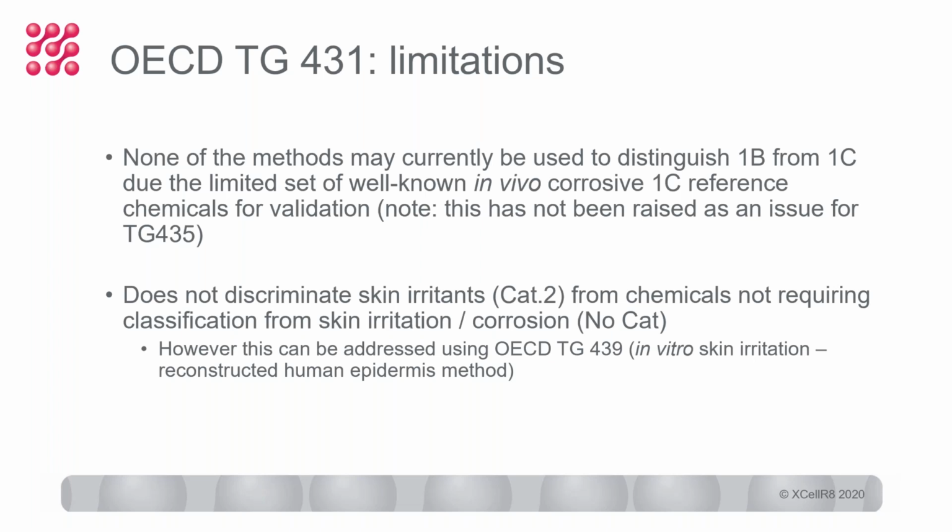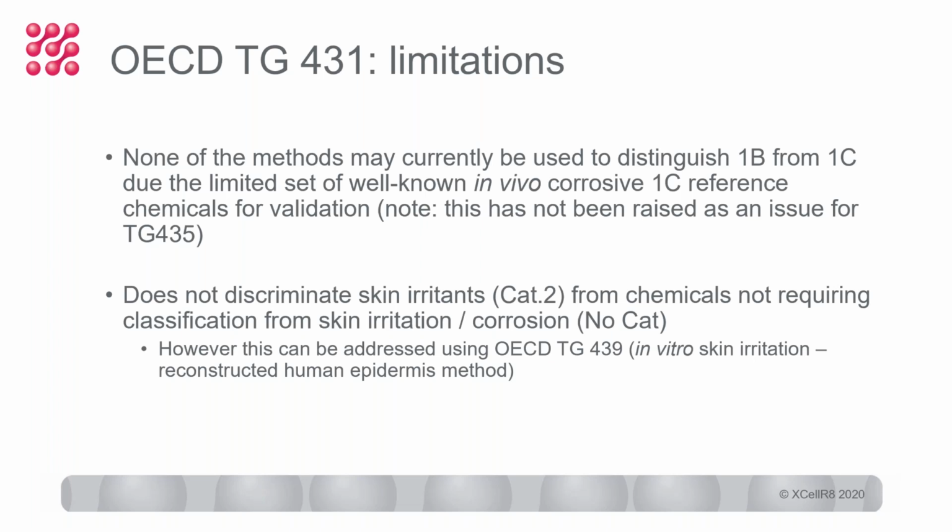So the limitations of this method, none of these skin models may formally be used to distinguish 1B from 1C. I think it's interesting to note that the reason cited for that is that there's currently only a very limited set of well-known in vivo corrosive chemicals available for reference for validation.